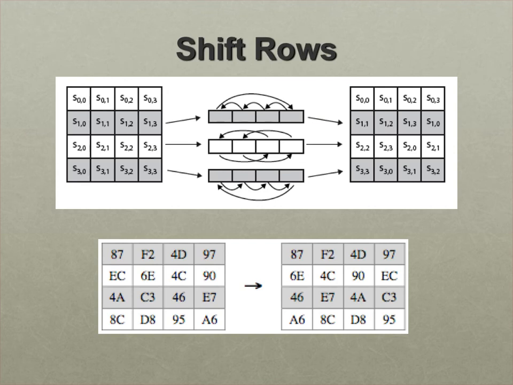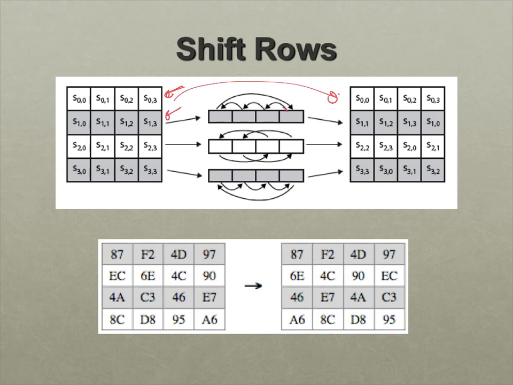The shift rows is very simple. That's the key for AES, that it's very simple to describe. We convert the state matrix into 4 rows. As we know, the state matrix is 4 rows by 4 columns, representing 16 bytes. The first row stays as is; we don't do anything.